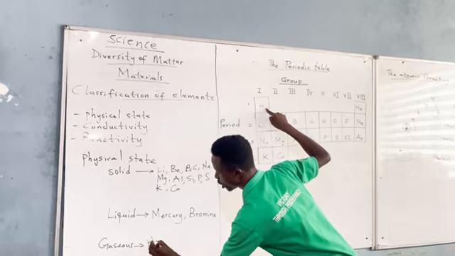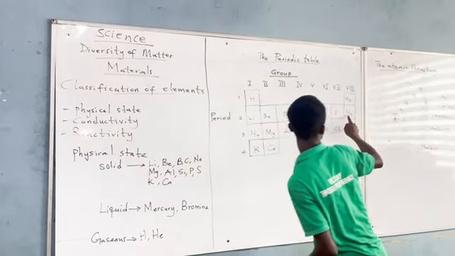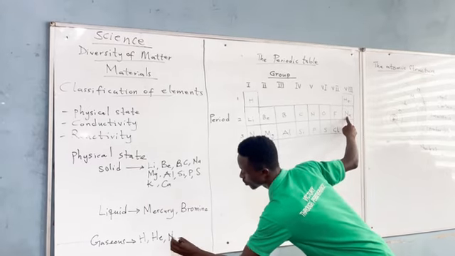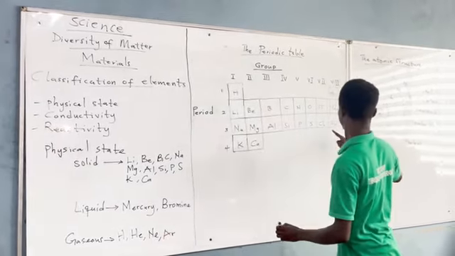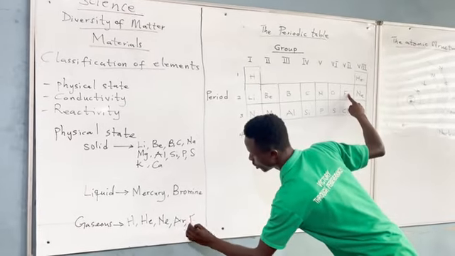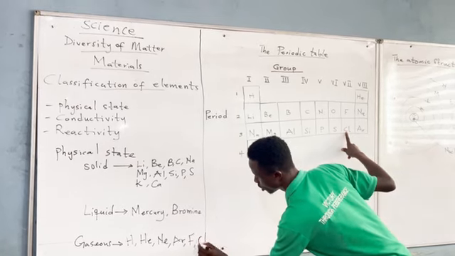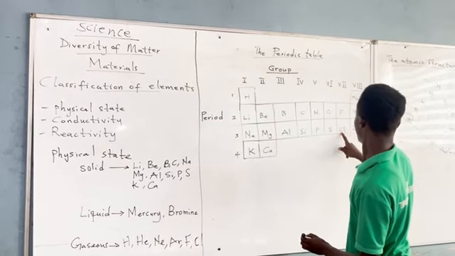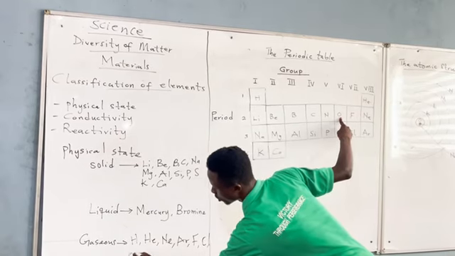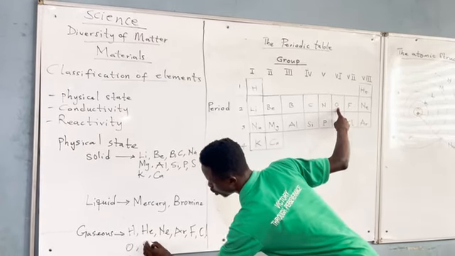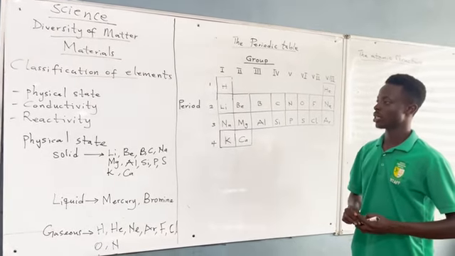We have hydrogen, helium, neon, argon, fluorine, chlorine, and then oxygen and nitrogen.